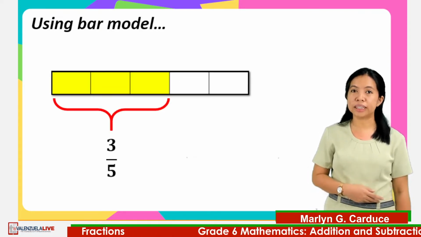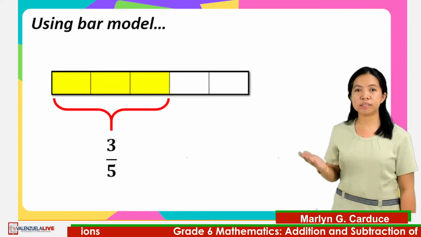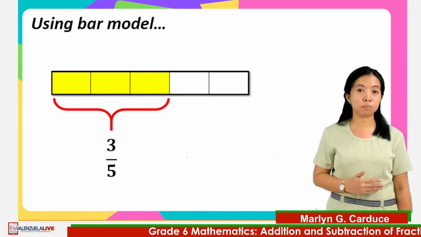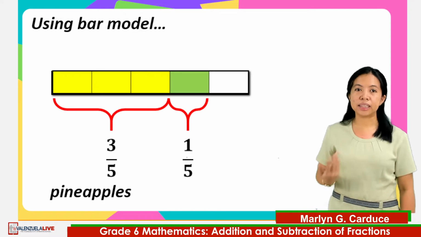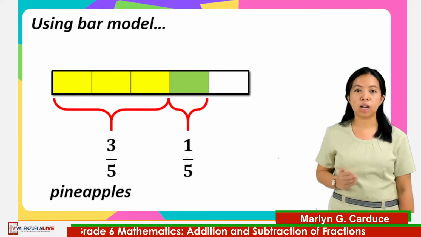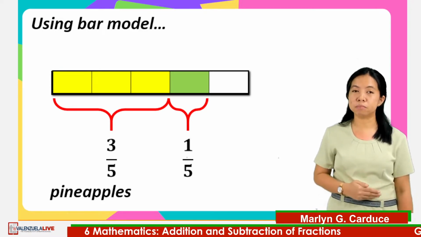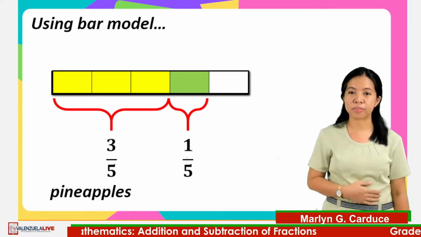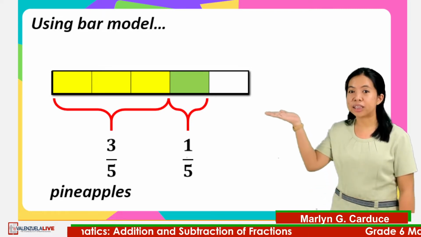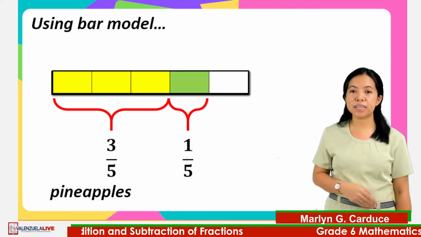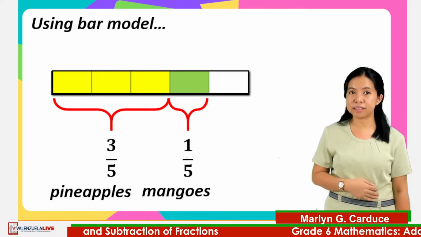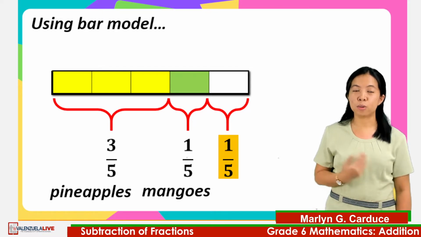Starting from the pineapples, which is 3/5 of the total number of fruits. Then we have the mangoes, which is 1/5 of the total number of fruits. As you can see, the remaining part is the fraction part for the bananas, and that is 1/5.